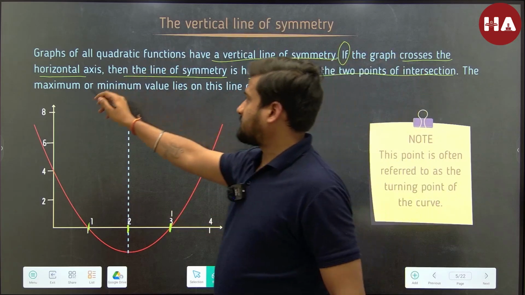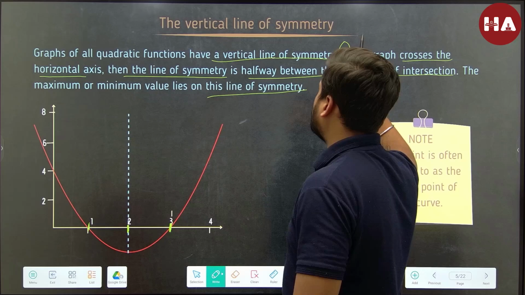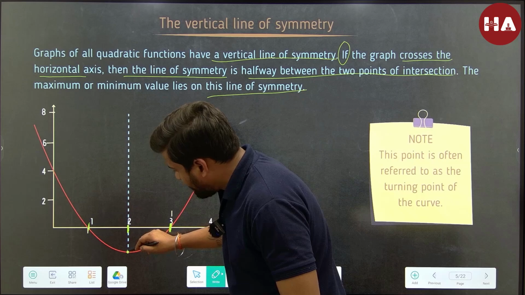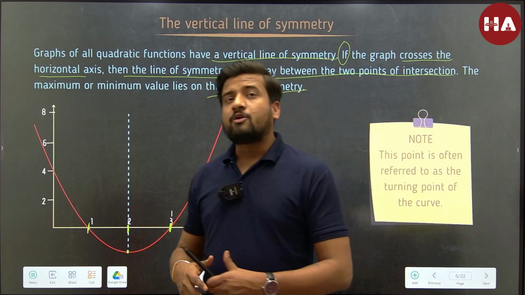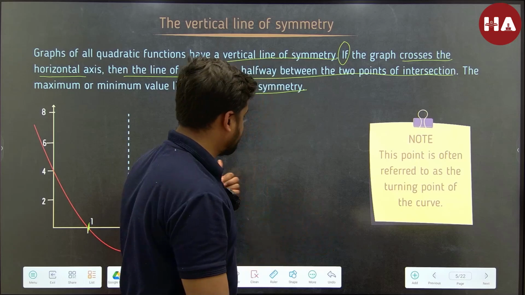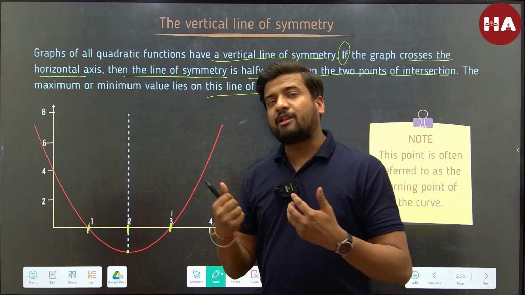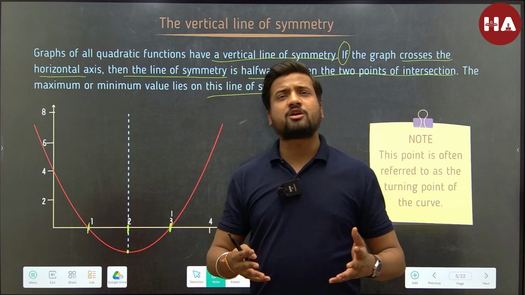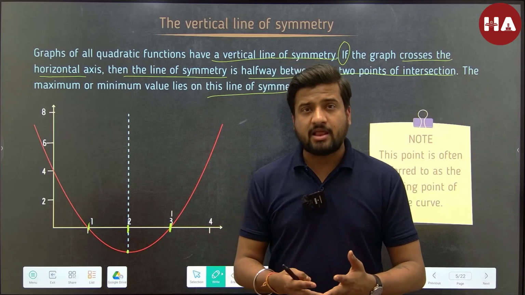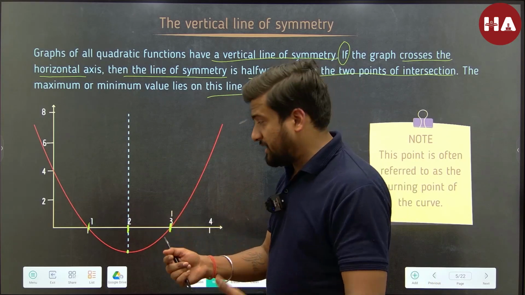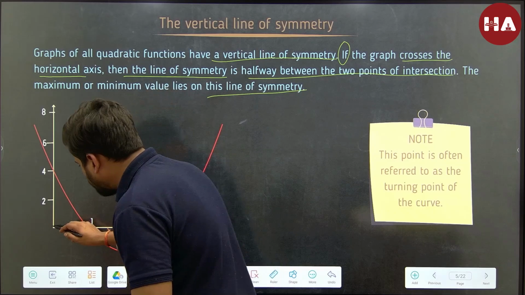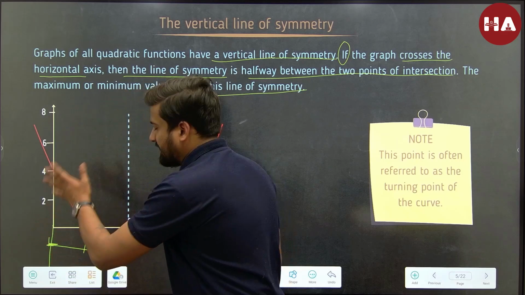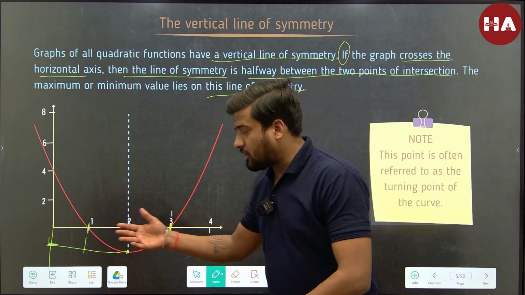The maximum or minimum value lies on this line of symmetry, meaning this is the minimum value of the graph. It's very obvious. When the graph is u-shaped, as in this case, I'll always have a minimum value. When I'm talking about the minimum or maximum value, I'm always talking about the output, the y values. If I extend this downwards, my graph will intersect the y axis at this point, and it cannot go below that.